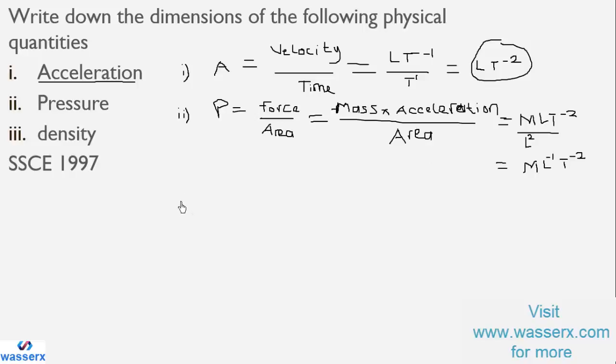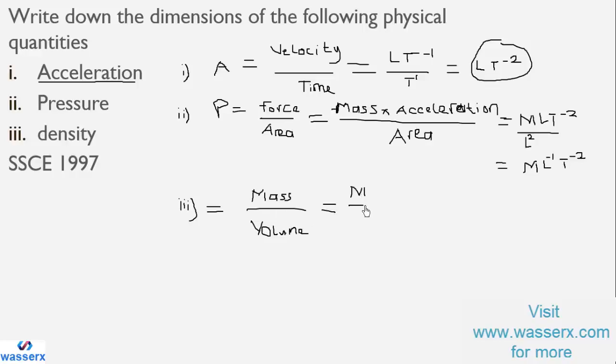Now let's talk about density. We know density is mass per unit volume. Mass is already a basic quantity, so we need to convert the volume to basic units. The volume, in terms of basic units, is going to be length cubed.